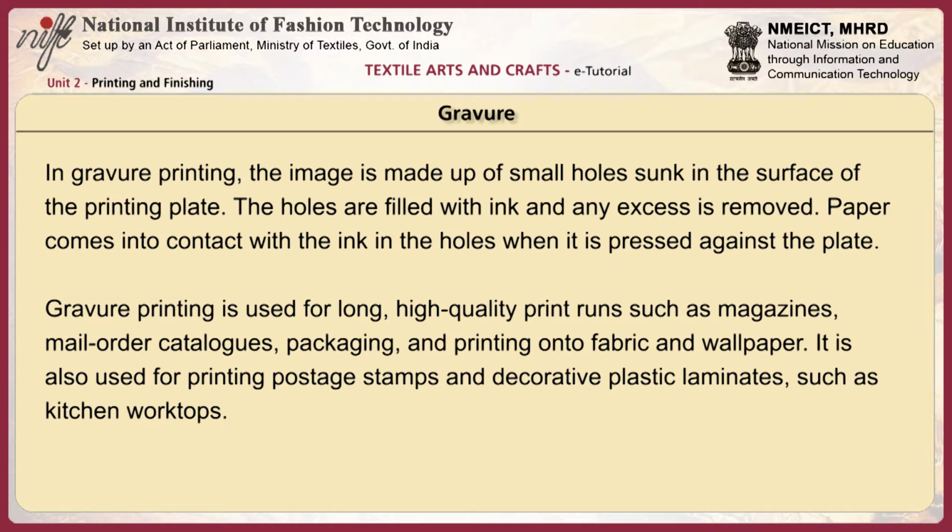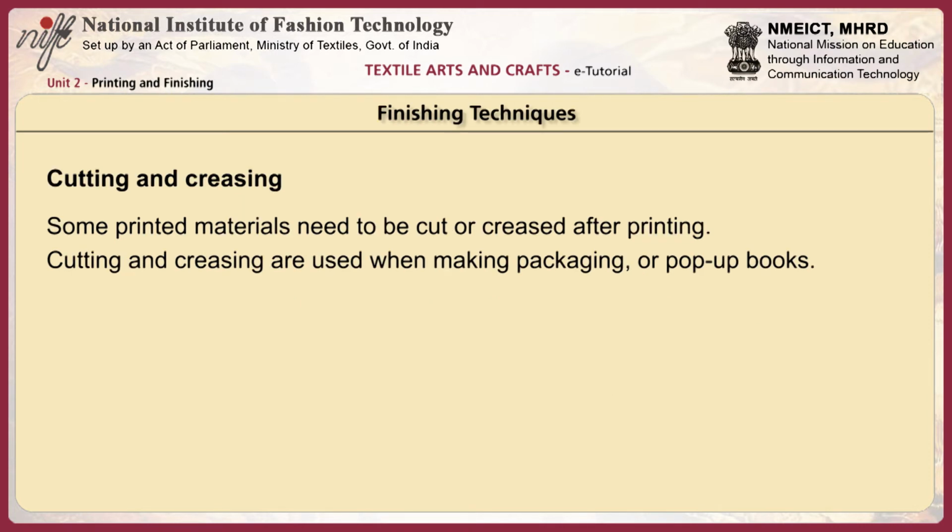Gravure printing is used for long, high-quality print runs such as magazines, mail-order catalogs, packaging, and printing onto fabric and wallpaper. It is also used for printing postage stamps and decorative plastic laminates such as kitchen worktops.